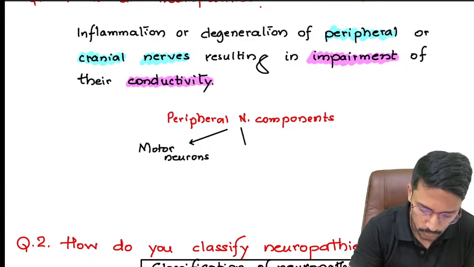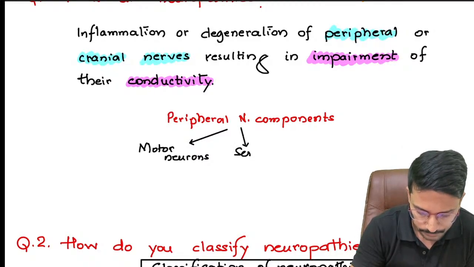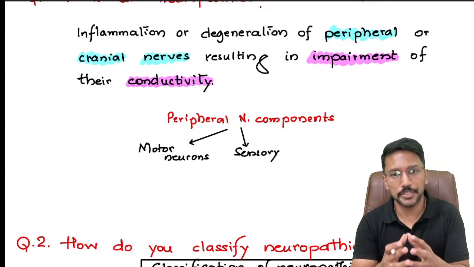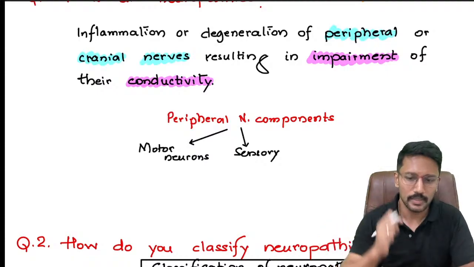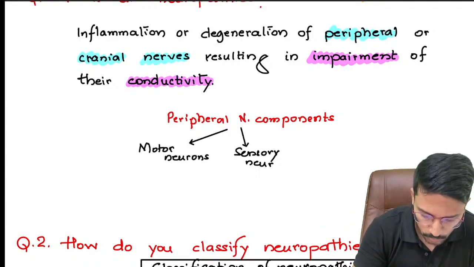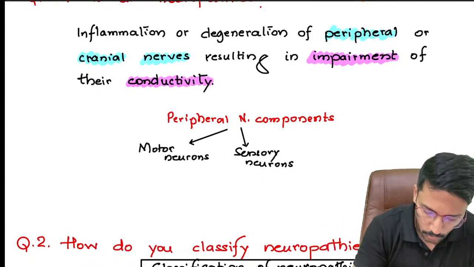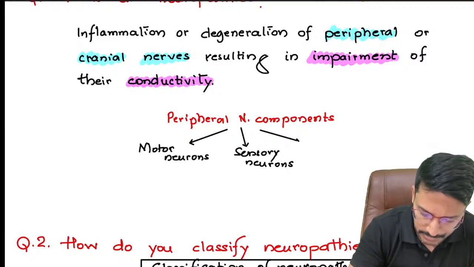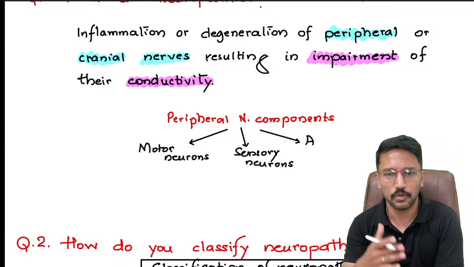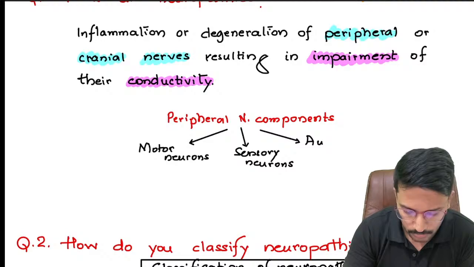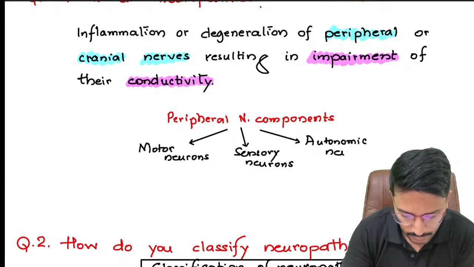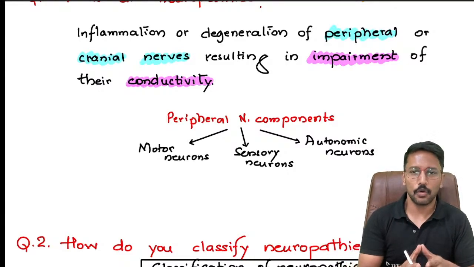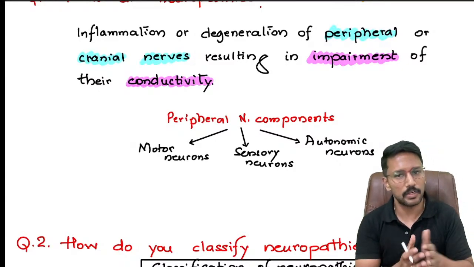Then peripheral nerves also contain sensory neurons, which carry the information from the sensory receptors in your skin to the spinal cord, eventually to the brain. And they also contain autonomic neurons, which are concerned with the regulation of sweating, vasomotor tone, and other functions. So these are the three components of the neurons in the peripheral nervous system. Now, whenever I lose the functions of these neurons, obviously impairment will result.